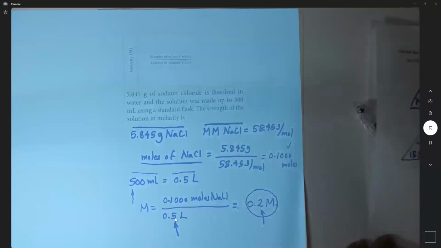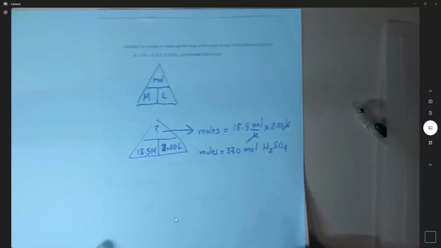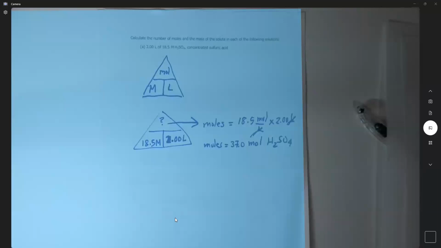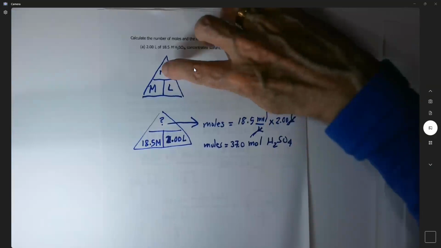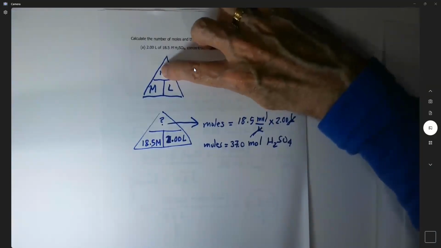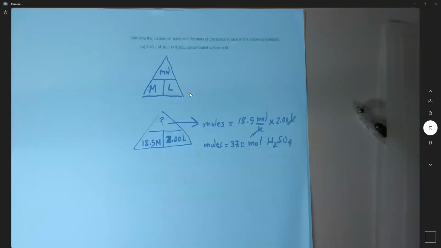Let's go to a general formula. If you use this diagram where moles is here, molarity is here, and liter is here, for example, if you want to calculate moles, what you do? You put your finger over moles, and then you multiply.